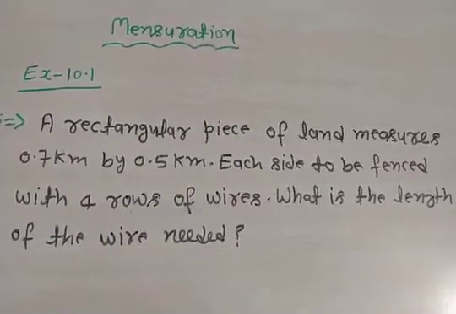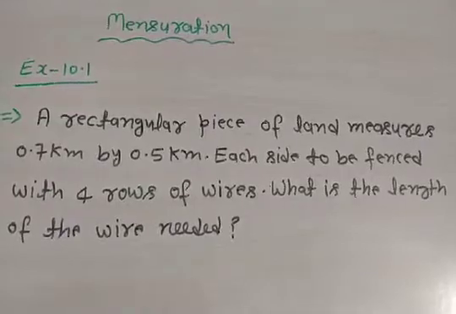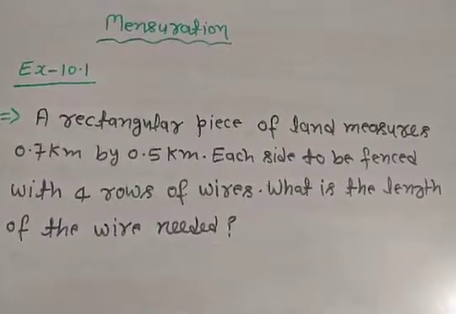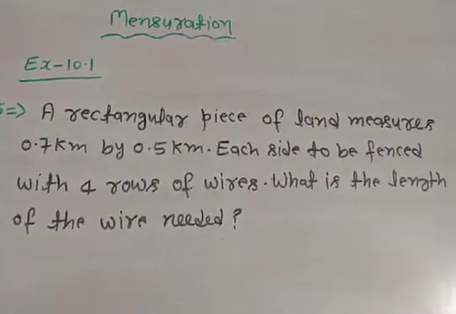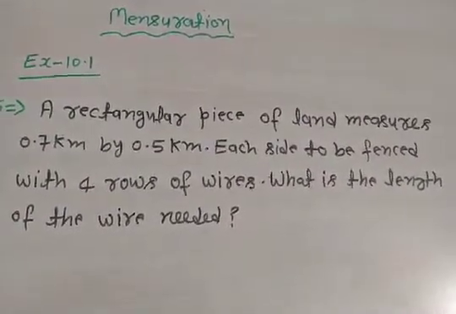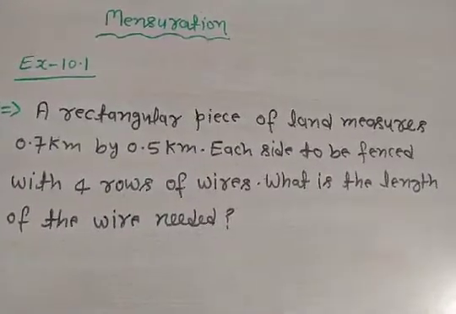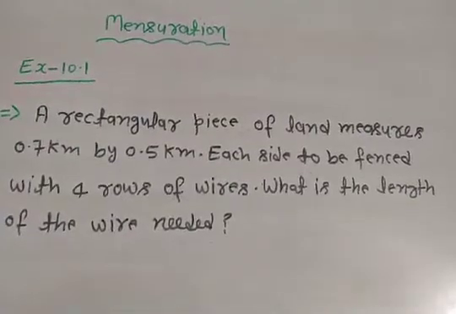Each side is to be fenced with 4 rows of wire. What is the length of the wire needed? Here the length of the land is given as 0.7 kilometer and the breadth of the land is 0.5 kilometer.